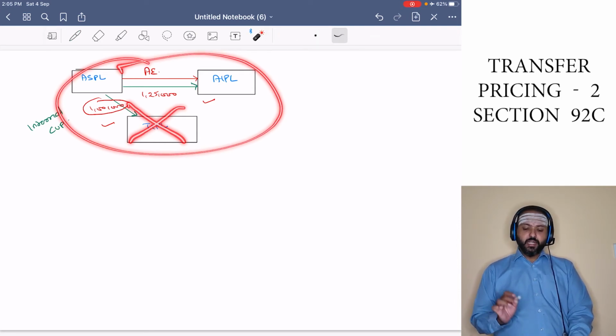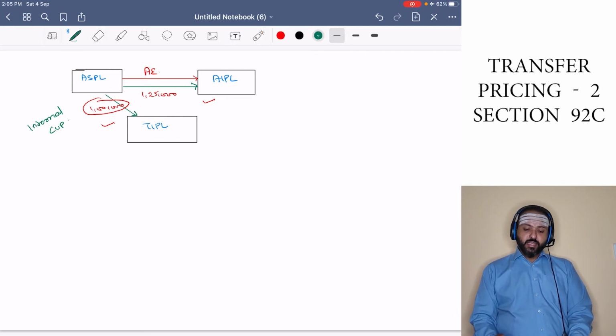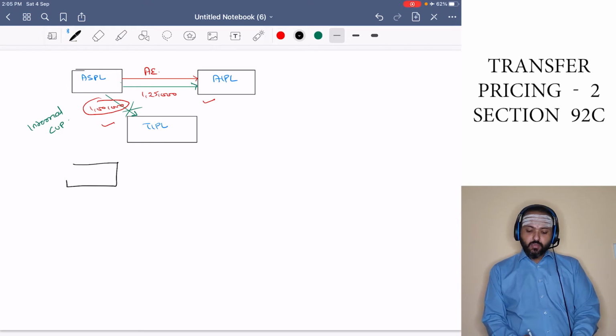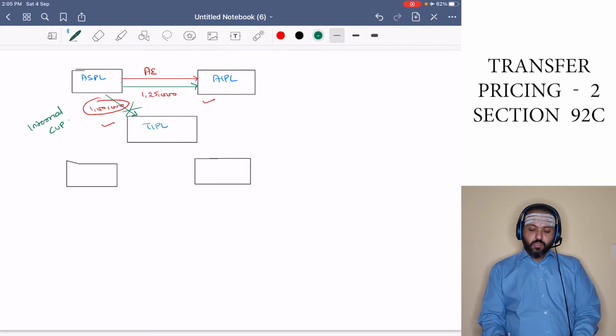Now, the same scenario, the same example, assuming that TIPL does not exist. Let us take, for example, that there is no such transaction. The entire output is sold between ASPL and AIPL. Now, there are two other enterprises. This enterprise, let us call it ABC Limited, and this is XYZ Limited.